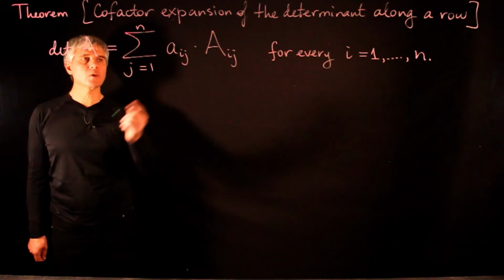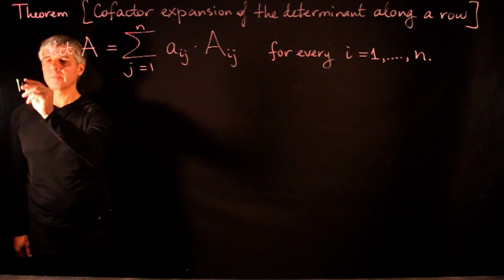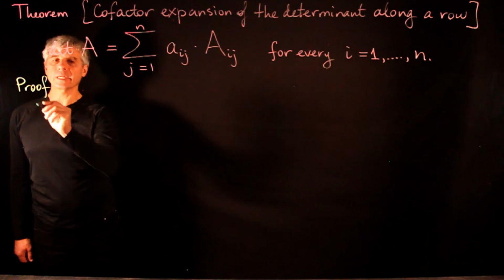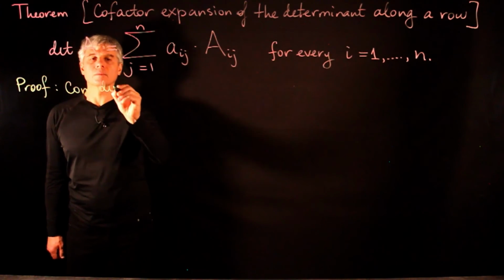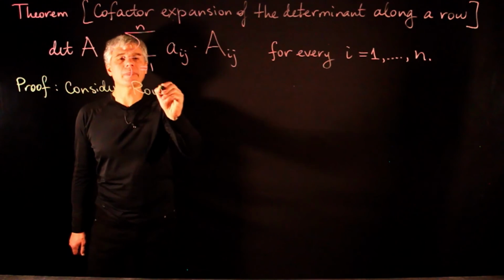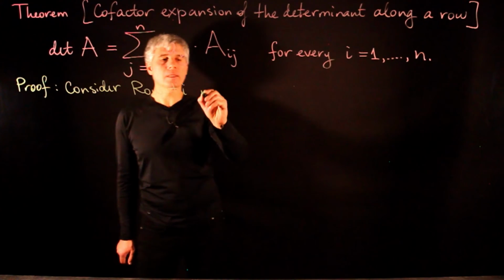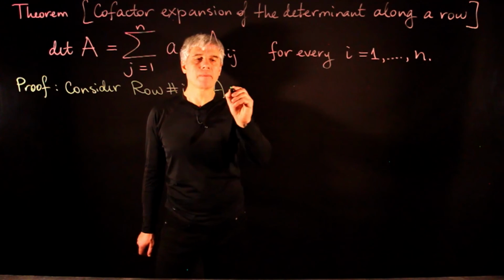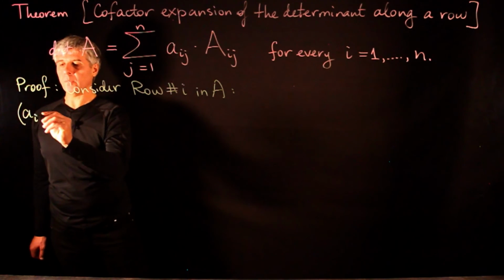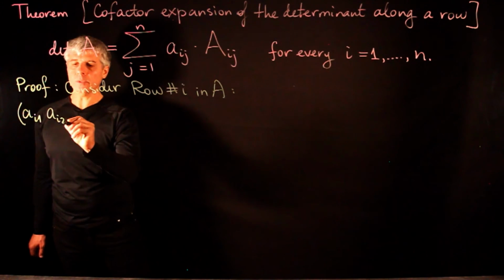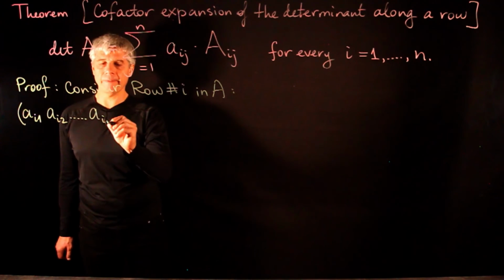Let us prove this cofactor expansion formula. So we consider row number i in matrix A. So here we will have this ai1, ai2, ..., ain.